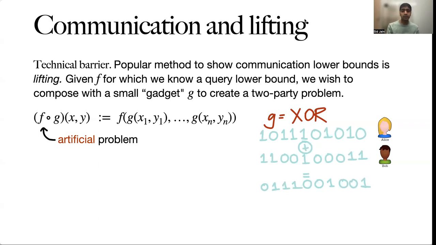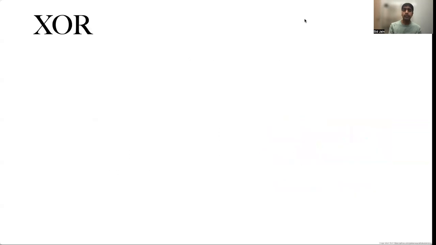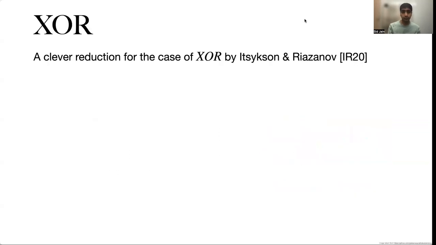And a priori, it's not at all clear how you would relate it to the very natural problem of bipartite collision. So, nevertheless, let's see a very clever reduction for the case of XOR by IR20.